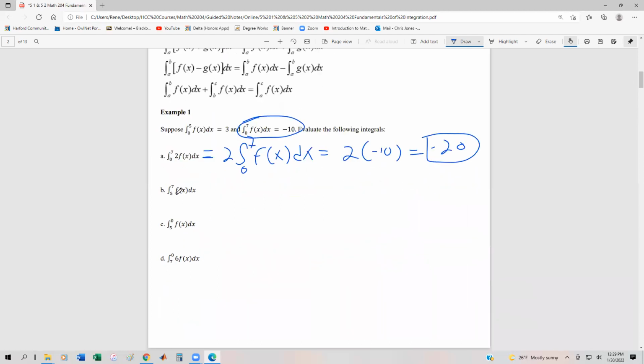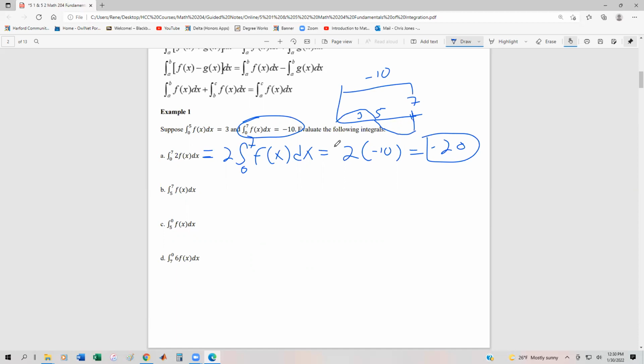Similarly, if we went from 5 to 7, we have from 0 to 5 and 0 to 7. A way to think about this might be that the function looks something like this. From 0 to 5, you have positive 3, so let's call this 3. And then from 0 to 7, the whole total, let's call this 7 right here, and let's call this 5 right here. I know that's not number line accurate, but the whole thing is negative 10.